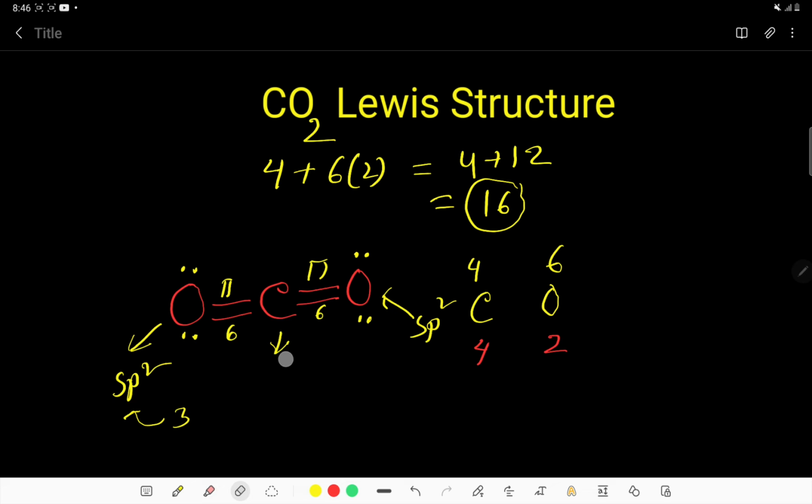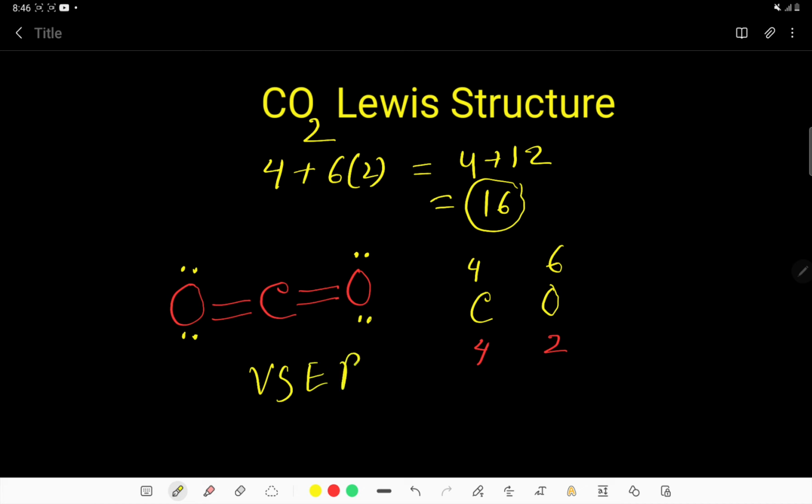Now we'll talk about the geometry of the carbon dioxide molecule. What is the shape of this molecule? According to VSEPR theory, valence shell electron pair repulsion theory, the shape of this molecule is linear, right? Linear.